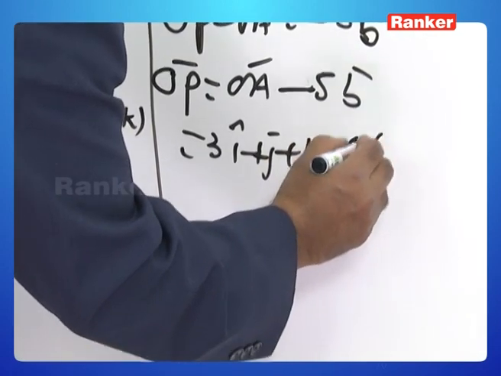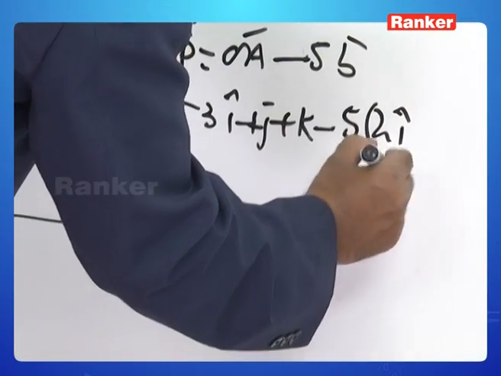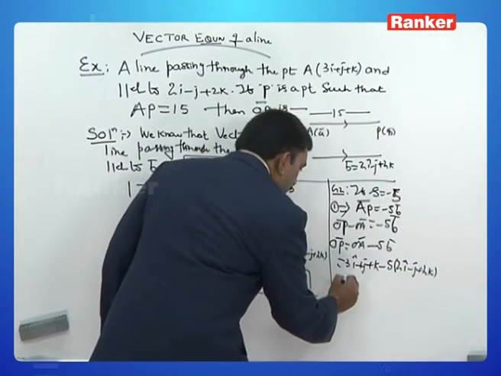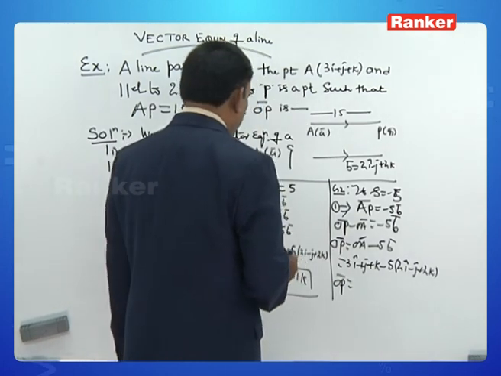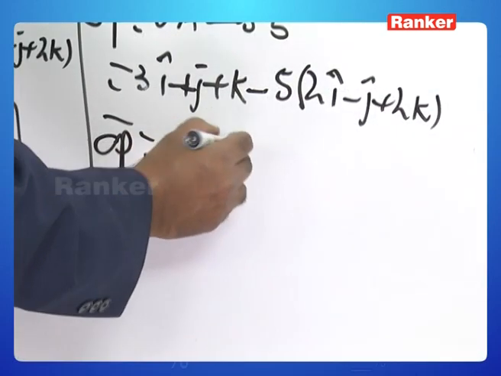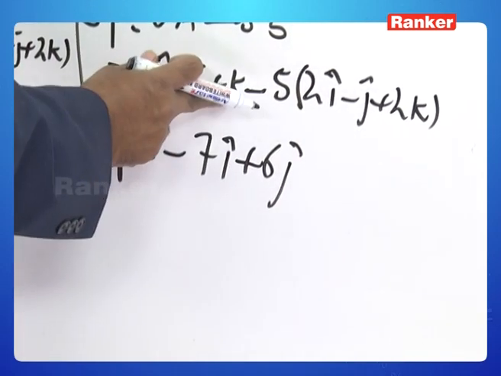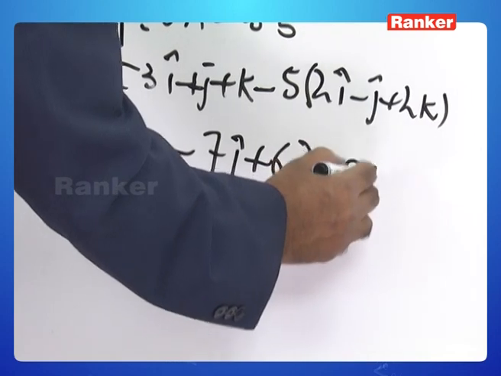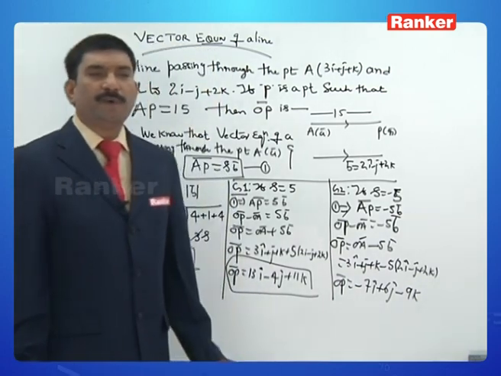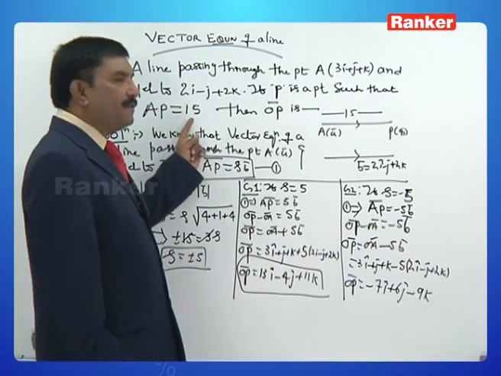Therefore, minus 5 into b bar, where b bar is nothing but 2i minus j plus 2k. Therefore, OP bar is equal to 3i plus j plus k minus 10i plus 5j minus 10k. Now 3 minus 10 is minus 7i, j plus 5j becomes 6j, and k minus 10k is minus 9k. These are the position vectors of the point P under the condition that AP is equal to 15.